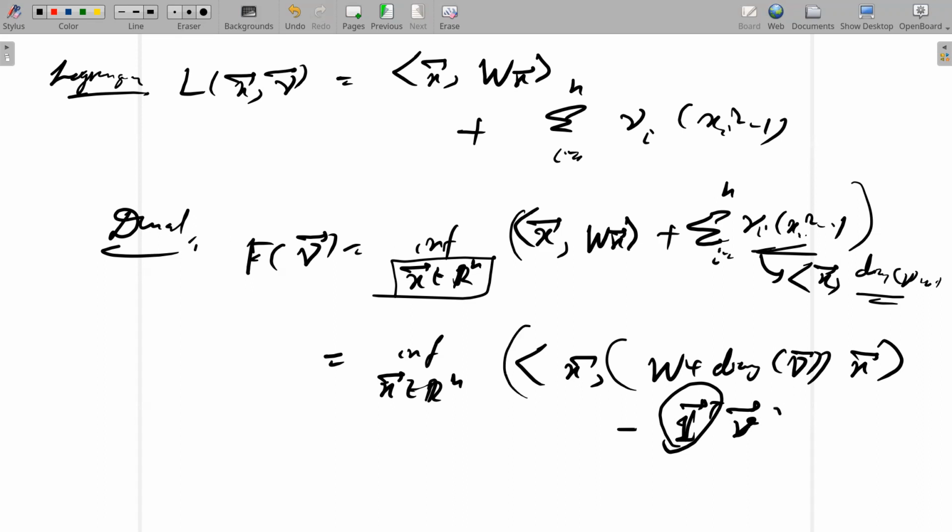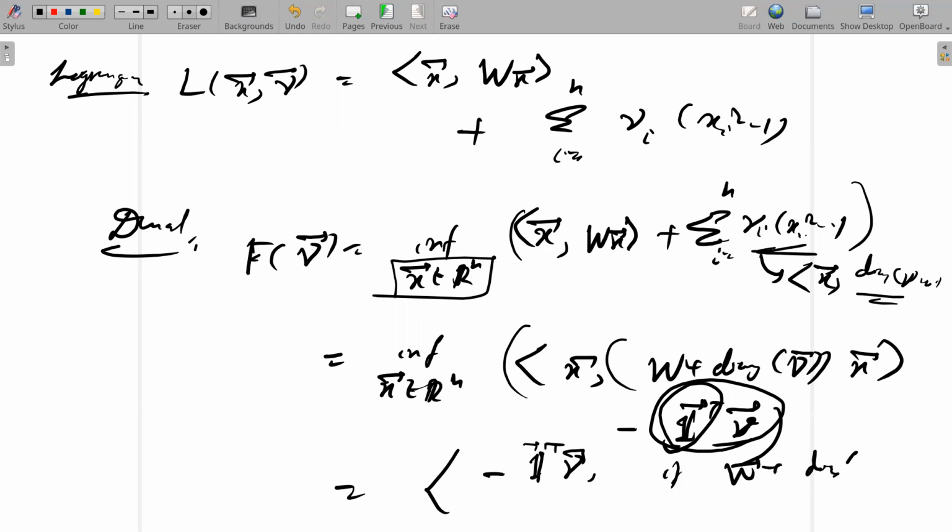So now when I'm taking this infimum, this part is fixed, and this part will actually be 0 if W plus diag(nu) is bigger than or equal to 0. If this is positive semidefinite, for x equals 0, you will have this infimum.